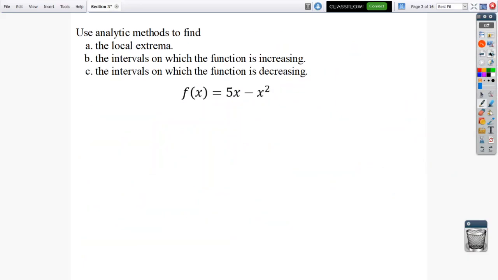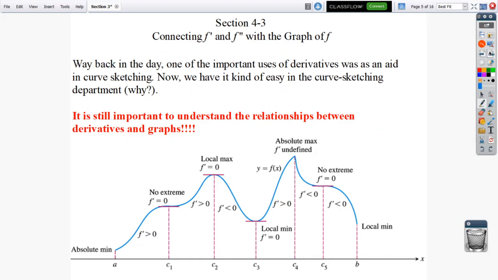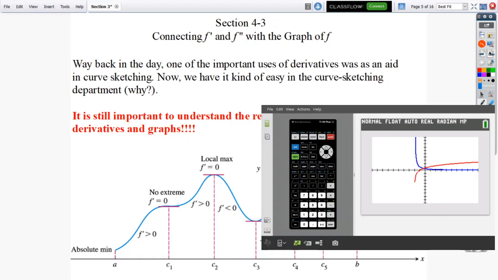All right, but let's get into this. Section 4.3, connecting f prime and f double prime with the graph of f. Way back in the day, as my son would say, one of the important uses of derivatives was as an aid in curve sketching. Now we have it kind of easy in the curve sketching department, because of our lazy bones machine.